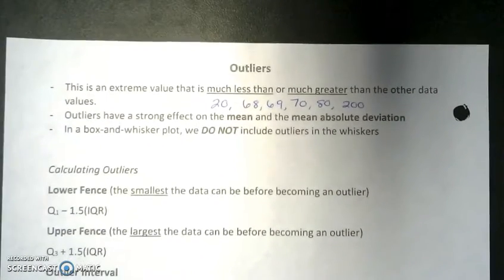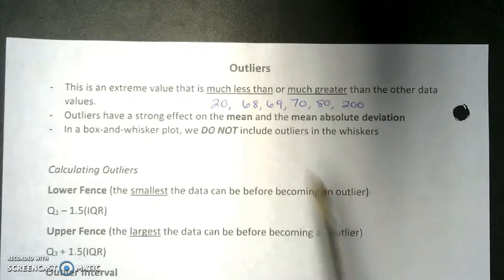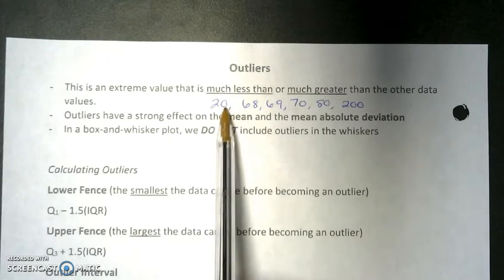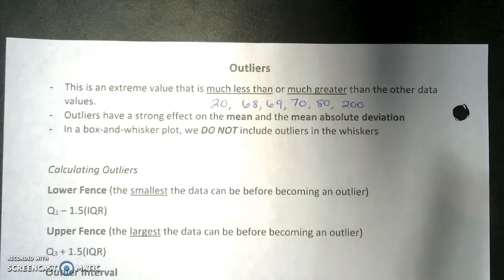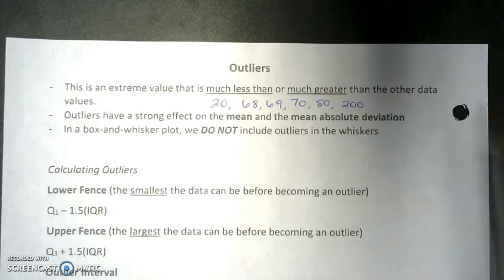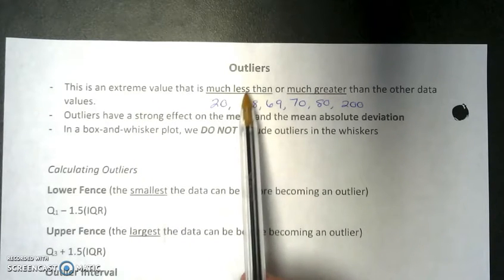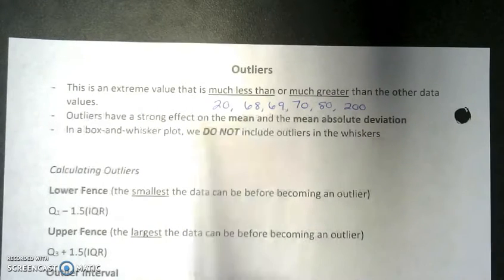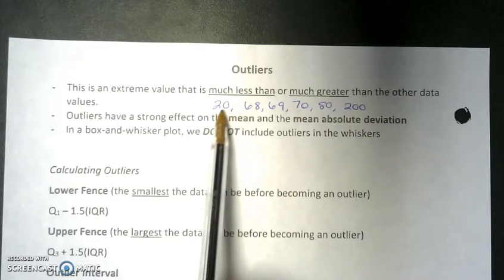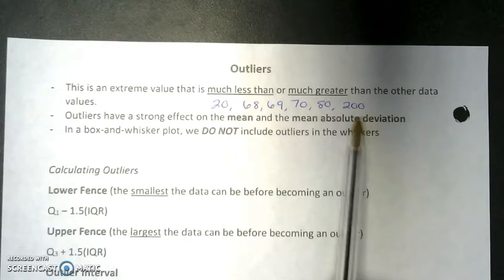There are 2 numbers that obviously look like they don't belong. So this 20 looks fairly smaller than the rest of this data. And then this 200 looks way bigger. So that's why the outliers can go to an extreme value on the small side and the big side. So we see 20 looks way too small and 200 looks way too big.